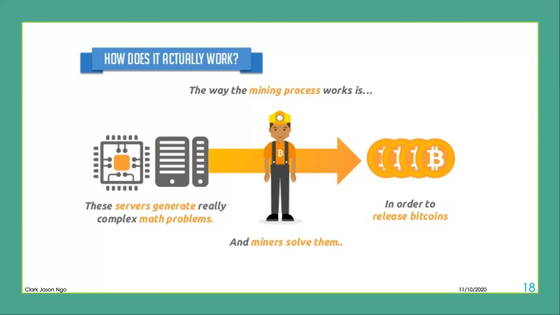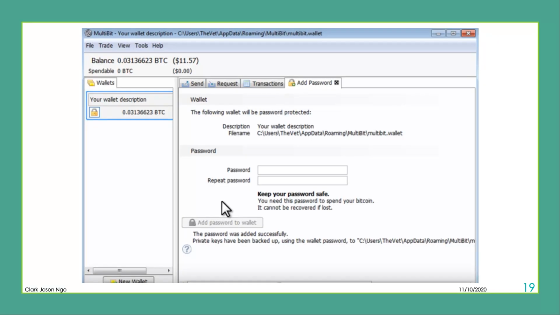So how does it actually work? The servers that hold the Bitcoin generate really complex math problems, and the miners solve them. The miner doesn't need to be a person; most of the time it is a computer. If this miner solves the problem, it can mine the Bitcoin or get the Bitcoin.